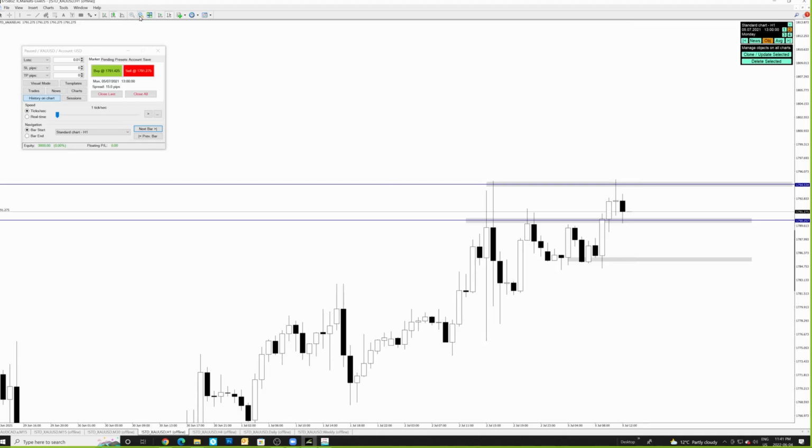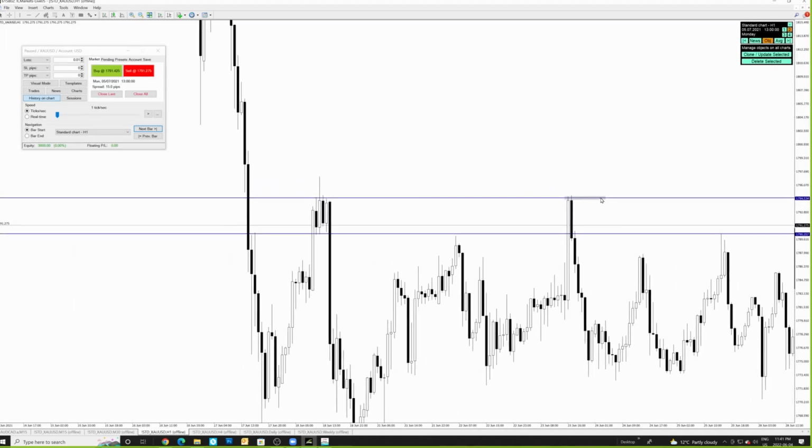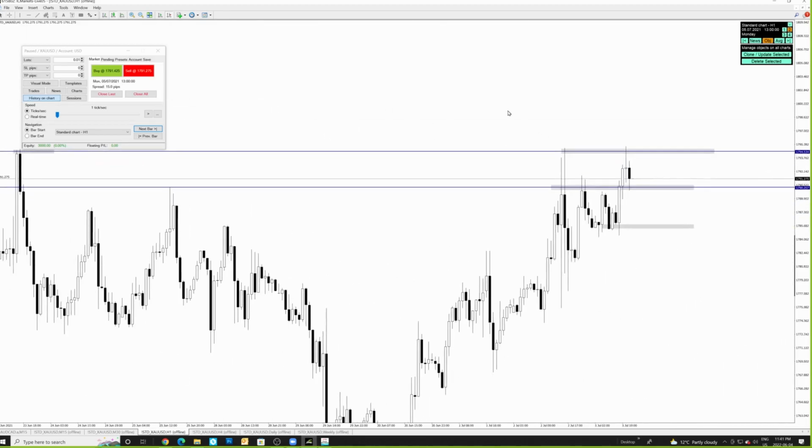If we do break above 1795, there's a very, very, very high probability we're going to continue pushing up towards 1806, because that's where we have clean candles to the left hand side, right?